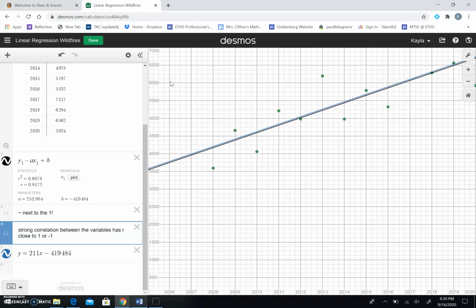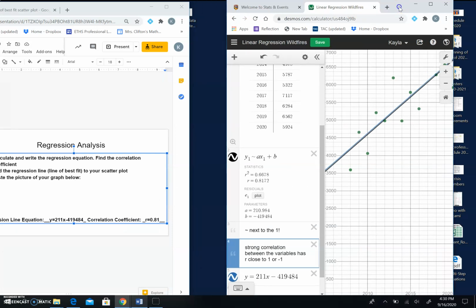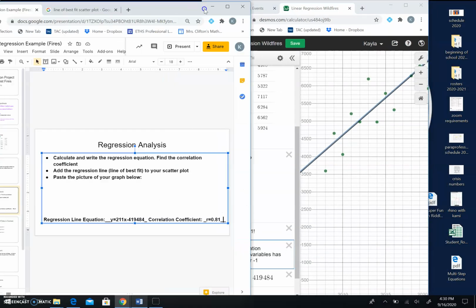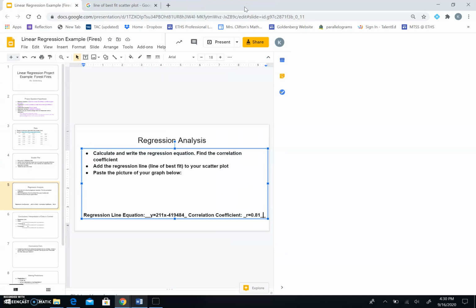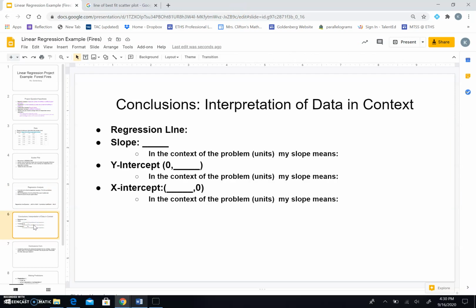Something that is easy to visualize is if someone is on a diet, maybe as time goes on, their weight is going down. That's an example that they always use for some reason. So that could be why your correlation coefficient might be negative. Okay. And so the big idea is if you're close to 1 or negative 1, that's good. That means your points are really close to your graph.